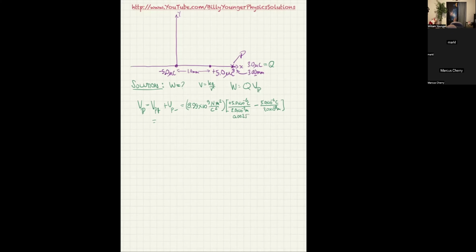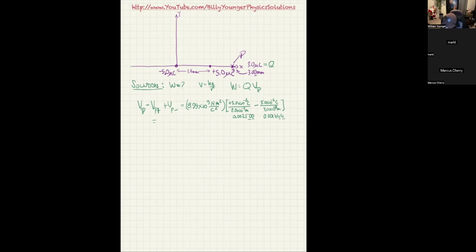And then I'm going to take negative 5 times 10 to the negative 6, and divide it by 3 times 10 to the negative 3. And that's going to give me 0.001666. So I could add 2 extra sig figs if I wanted, and that would be that.